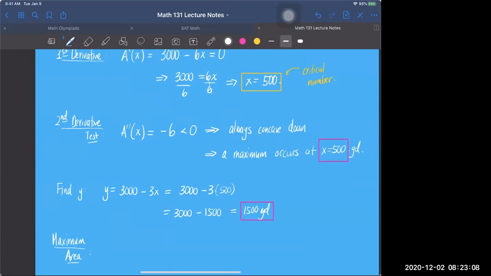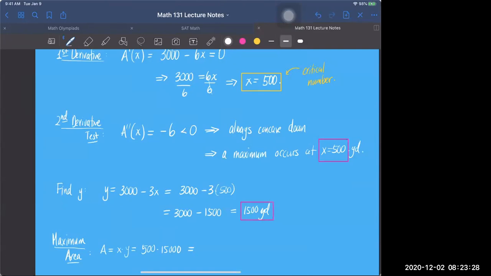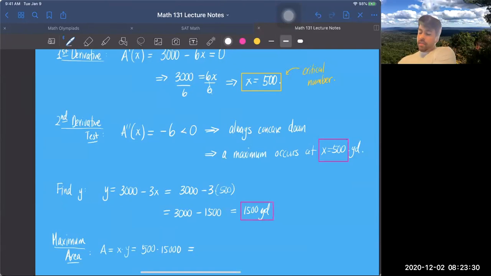The area is x times y. I already know what x is, it's 500. I already know what y is, it's 1500. So then what would be the maximum area? 750,000. 750,000 what?